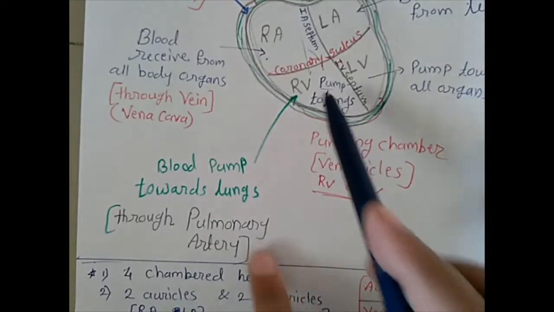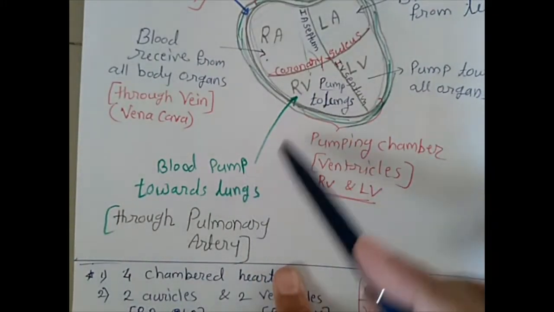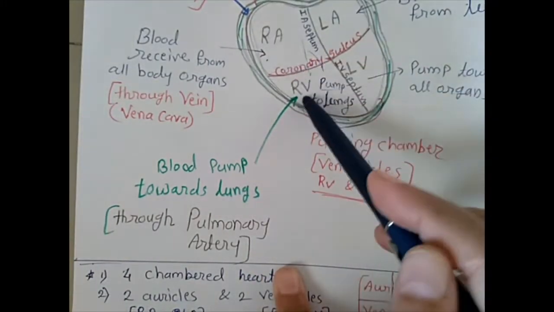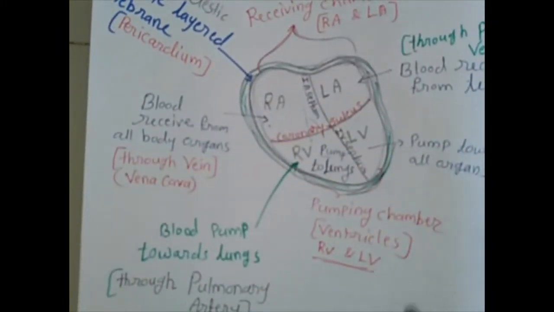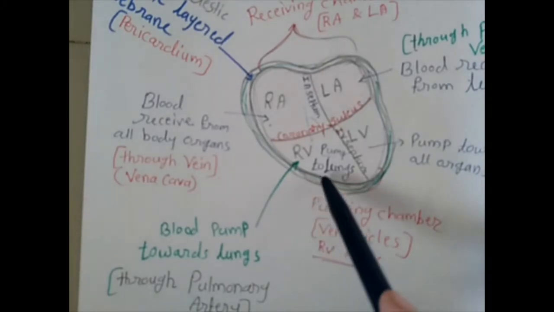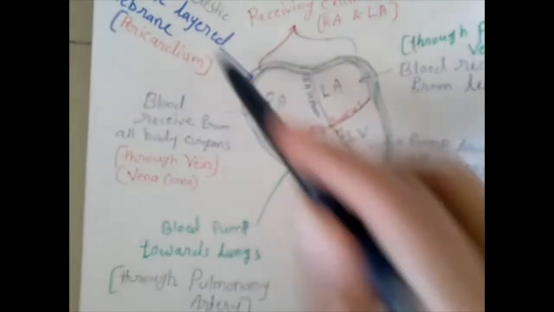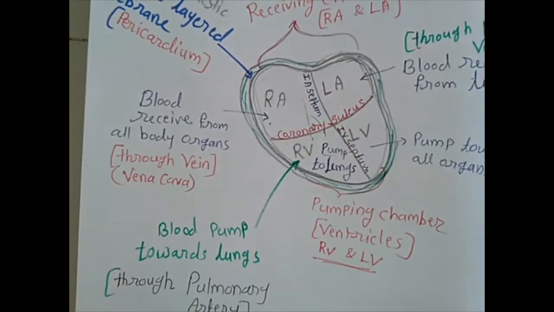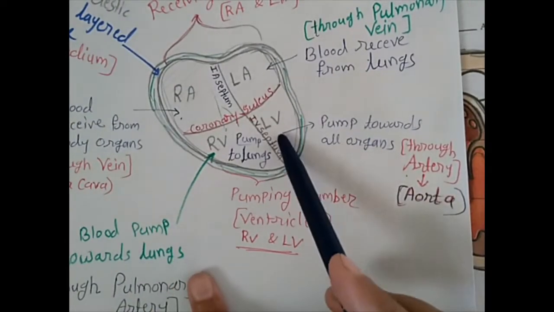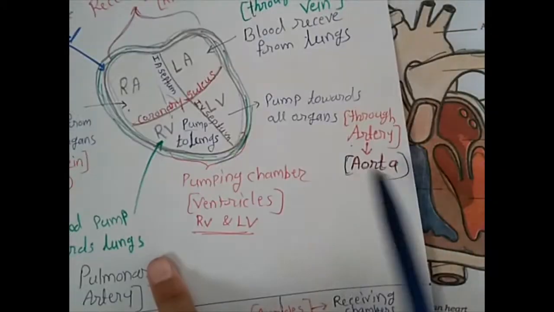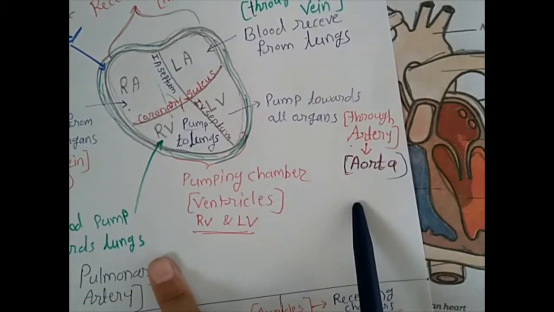At the lower side, the blood is pumped from the right ventricle towards the lungs for purification, for absorbing oxygen from the lungs. From the left ventricle the blood is pumped out of the heart towards all body parts.